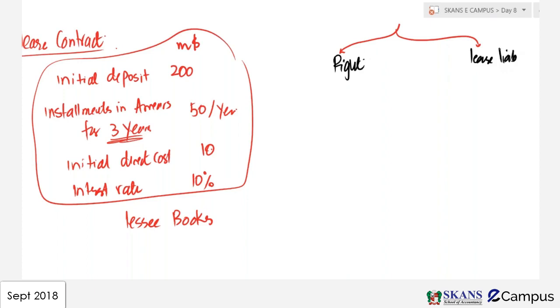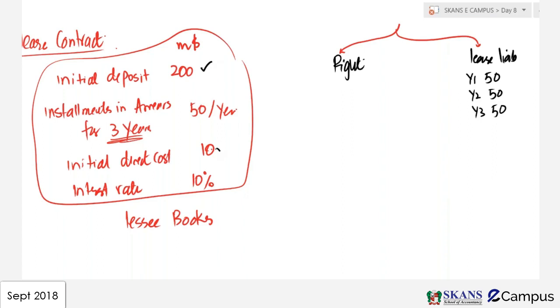Okay, guys, first we'll need to calculate the lease liability. What you haven't paid yet, you need to calculate the present values. We are going to pay 50 in year 1, 50 in year 2, and 50 in year 3. These are the unpaid values.